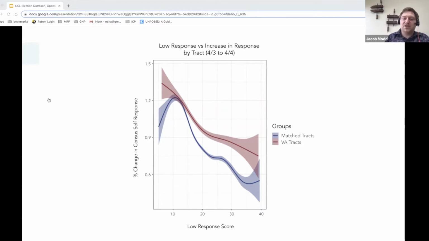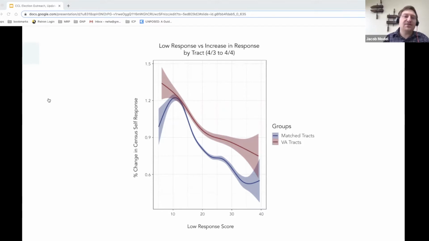So in this graph, as you move to the right, you can think about those as households that are somewhat lower income, more likely to be renters, more likely to be single parent households, more likely to be non-native English speakers, that sort of thing. That's all rolled up into this score.